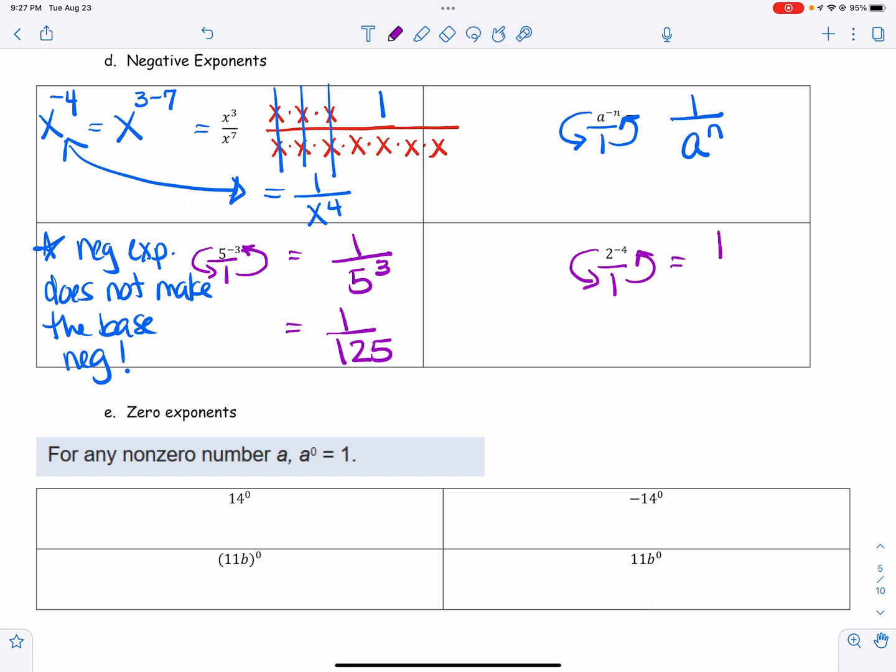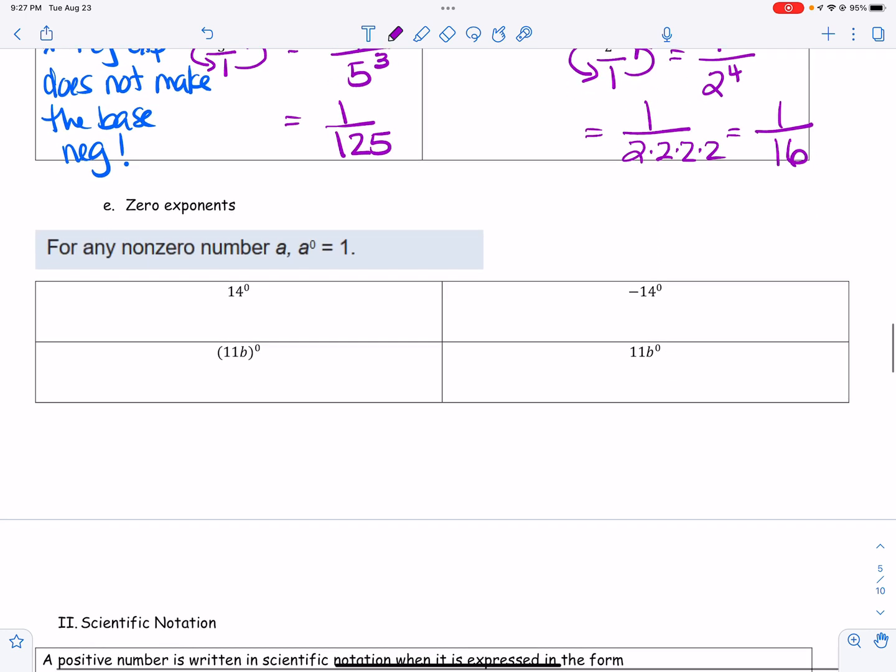So 1 over 2 to the positive 4, which becomes 1 over 2 times 2 times 2 times 2, which becomes 1 over 16, okay?